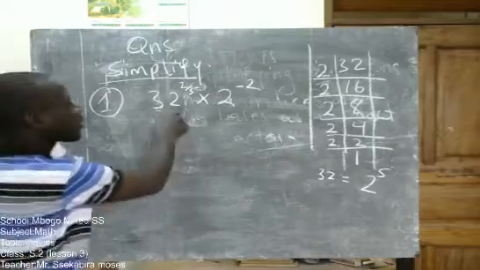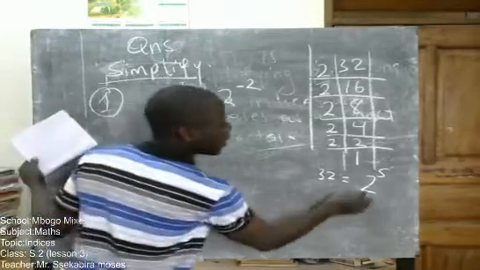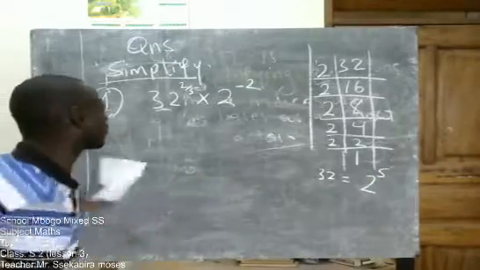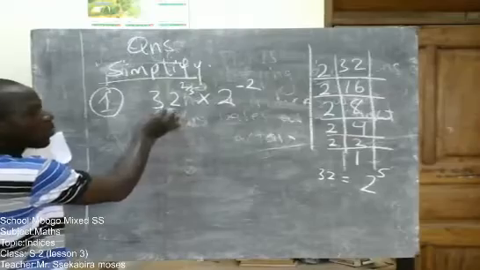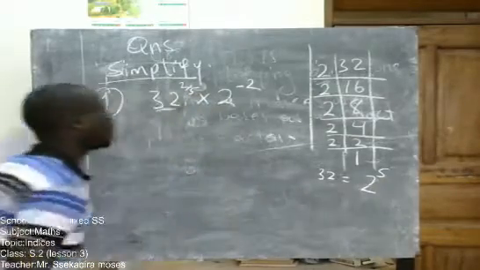So we come back to the question. We have seen that 32 is 2 to power 5. Now in our question, where there is 32, we substitute in 2 to power 5.